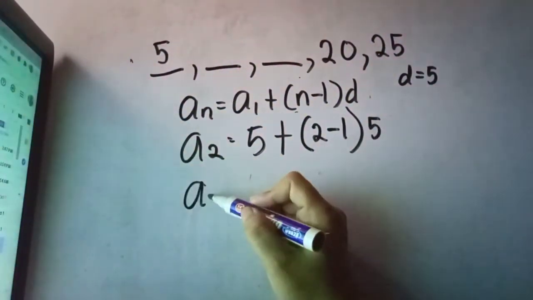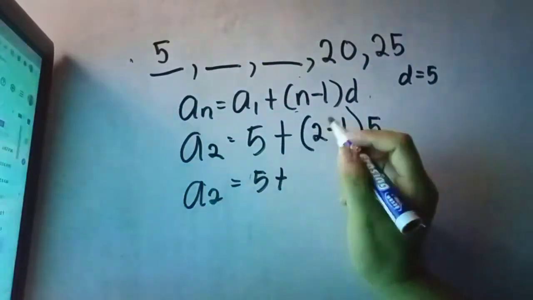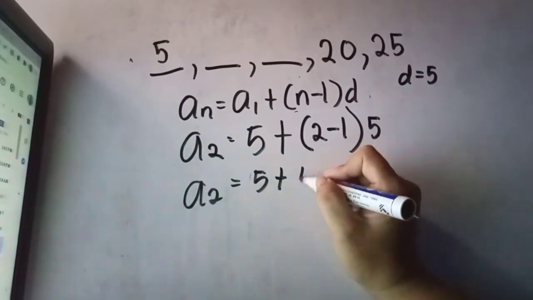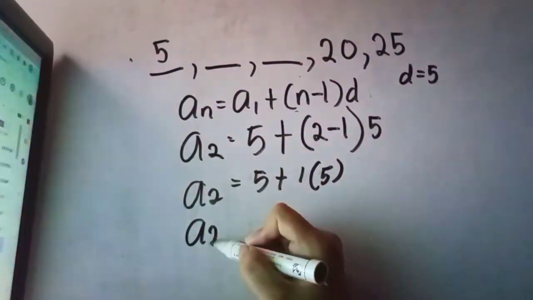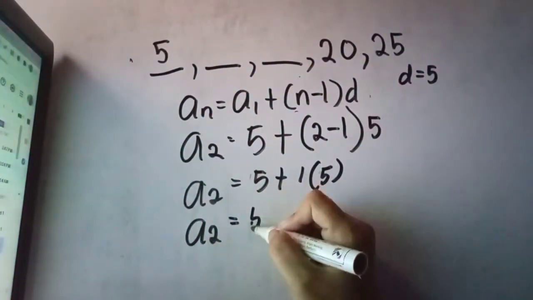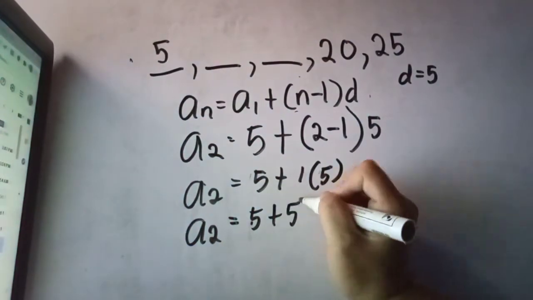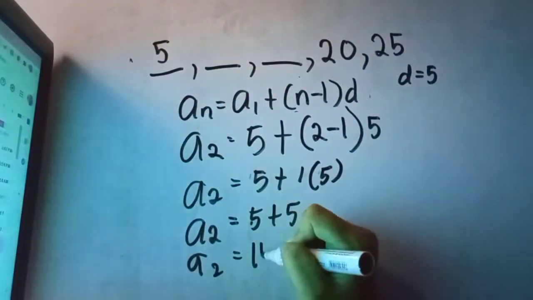So, A sub 2 is equal to 5 plus 2 minus 1 is 1 multiplied by 5. So, ang ating A sub 2 is equal to 5 plus 5 or 10.